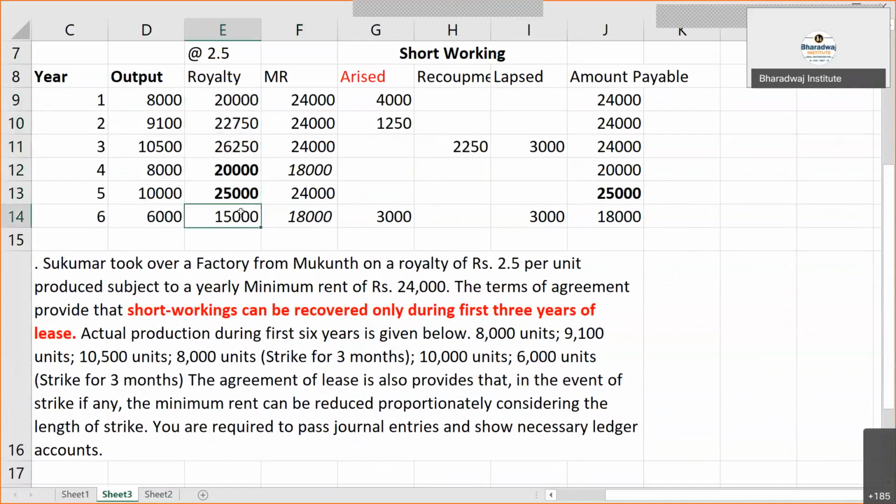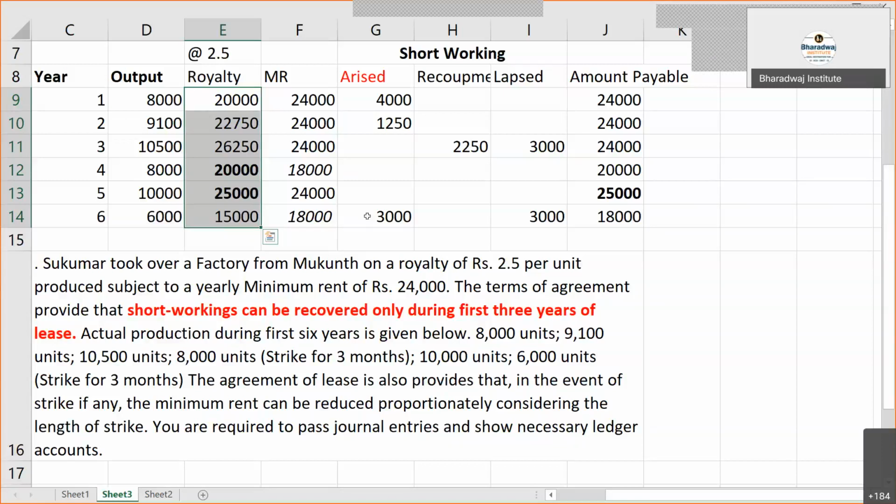Preparation of ledgers, I will come to the third problem, because if I do the ledger for the first, second, third, you will feel that it is boring. I will directly do ledger accounts for the third problem, because one problem is more than sufficient for preparing ledgers. It's a very, very shortcut one. You will not believe, but it will take only 2-3 minutes of time for you to do the ledger accounts.